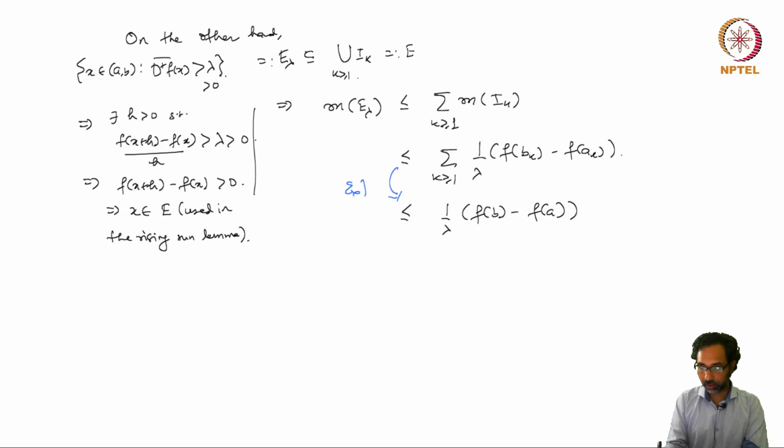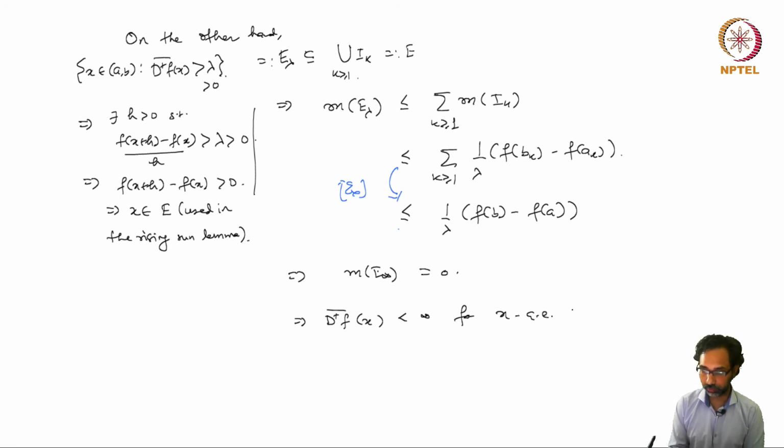This inequality, where you move from the sum of f(b_k) minus f(a_k) to f(b) minus f(a), I will leave as an exercise for you to check, and this shows what we wanted to prove, and this implies that the measure of E_infinity equals 0. So this shows that the upper Dini derivative, the positive one, is finite for x almost everywhere in (a, b).